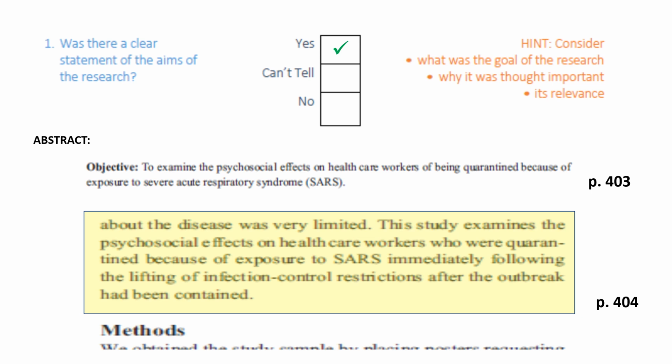In this case, the abstract contains the objective, which is to examine the psychosocial effects on healthcare workers of being quarantined because of exposure to severe acute respiratory syndrome, SARS, a predecessor to the sort of virus that we're currently experiencing with COVID-19.